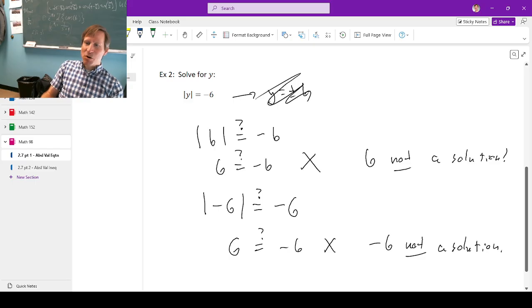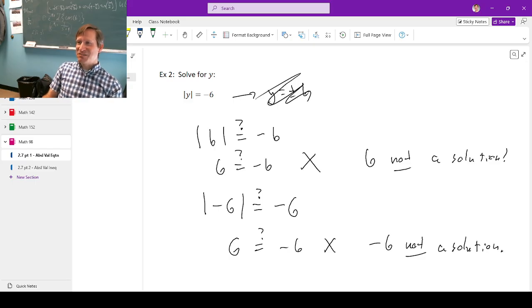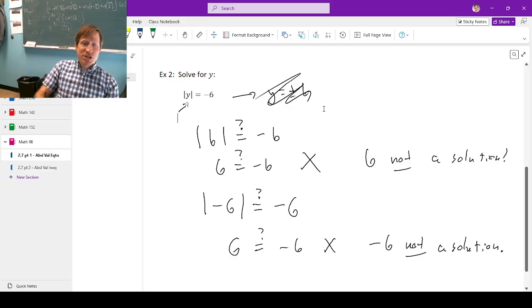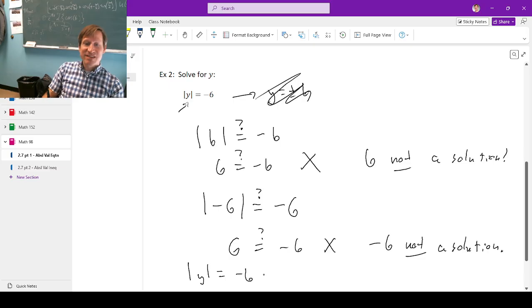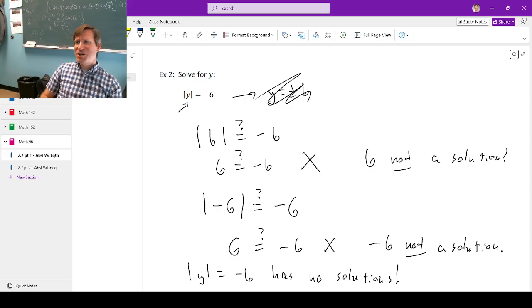And of course, 6 and negative 6 were the only possible values for y that might have worked in this equation, but neither of them actually do work. So that means that this equation, absolute value of y equals negative 6, has no solutions at all. That's a little bit strange to have an equation with no solutions, but that's what happened this time.